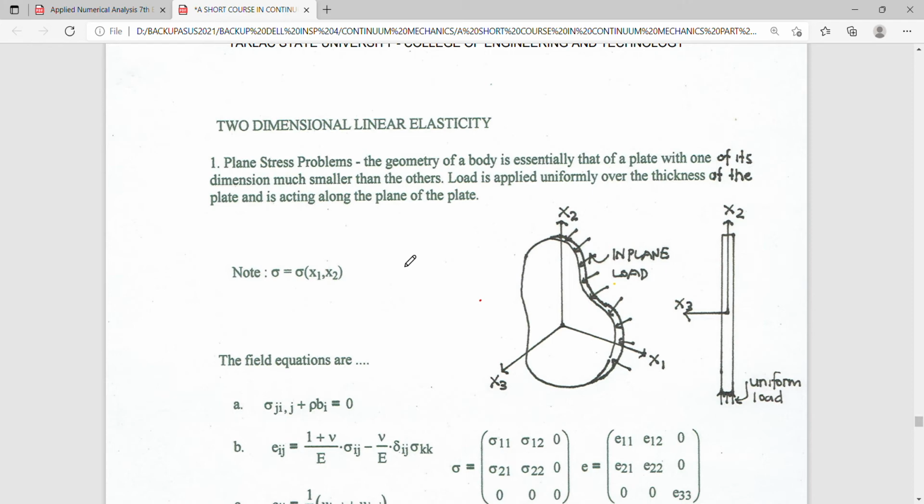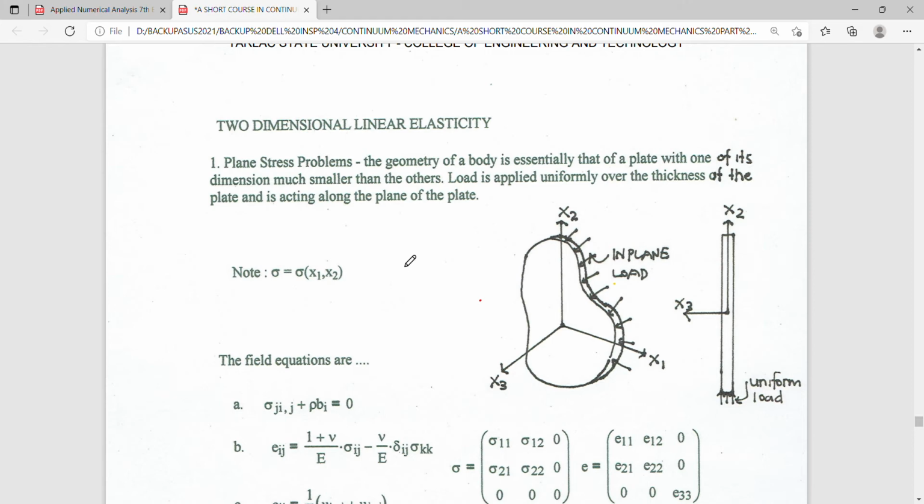So we are now going to imagine those plates, the steel plates with a very small thickness, let's say 1 inch, and then the dimension is maybe 2 by 4 meters.